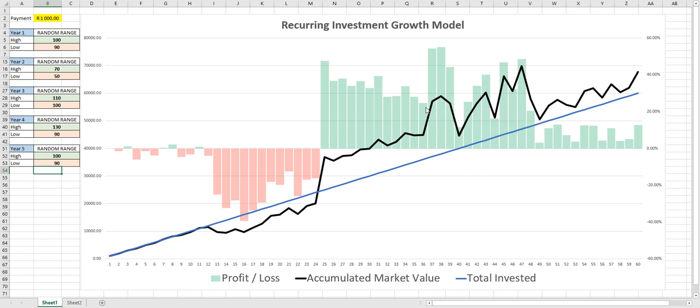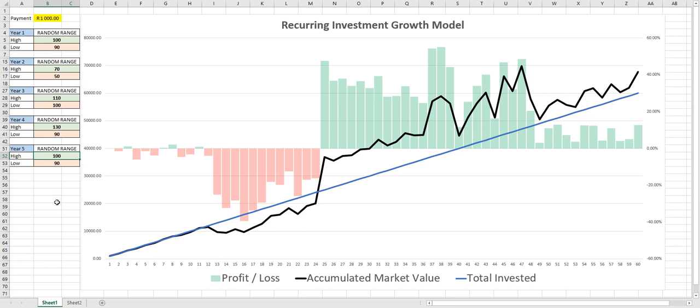Really, the message here is that the key to successful investing in a recurring premium investment is to embrace volatility. You really want to be able to invest in risk assets at the best possible price in the market. And then you want the market to run away with your base average in tow.